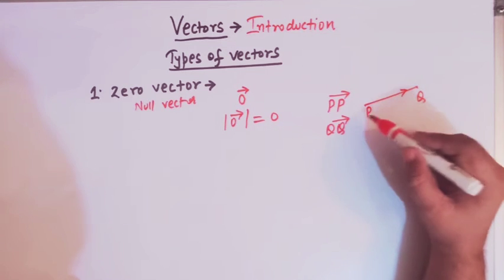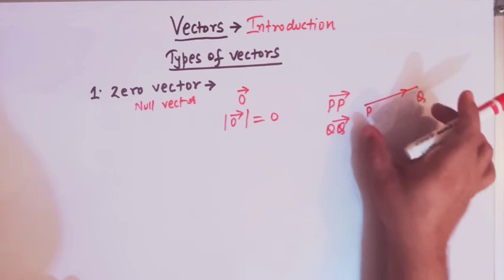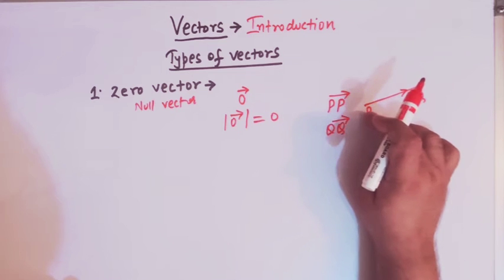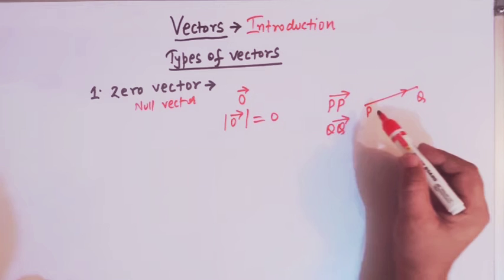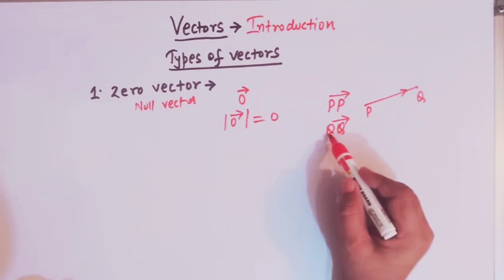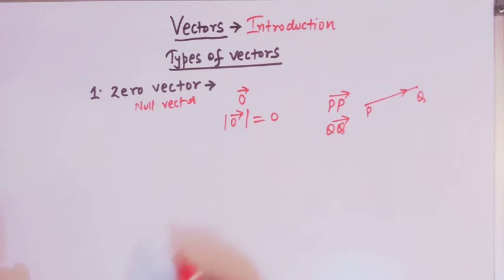But when Q and P coincide, then the vector PP becomes the zero vector, and similarly vector QQ becomes the zero vector.